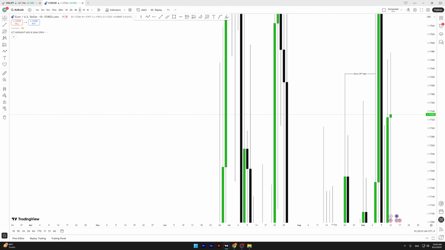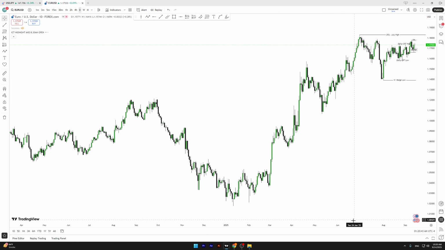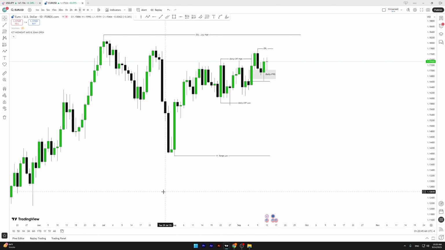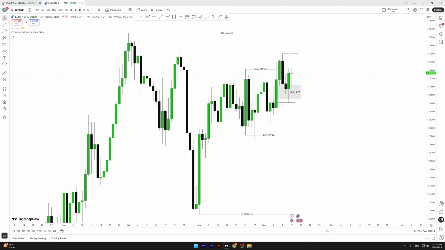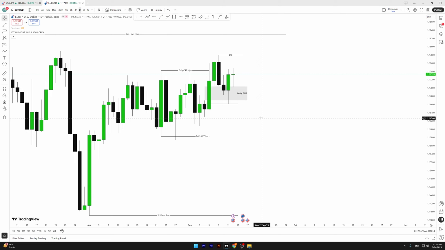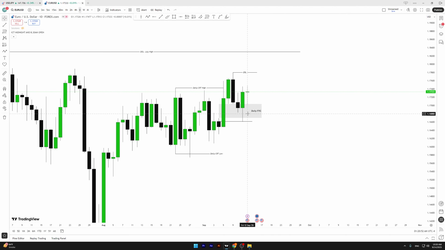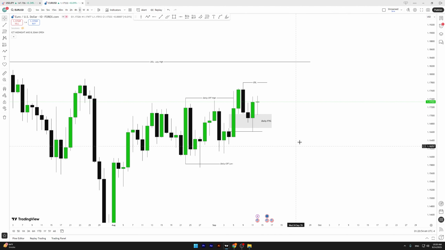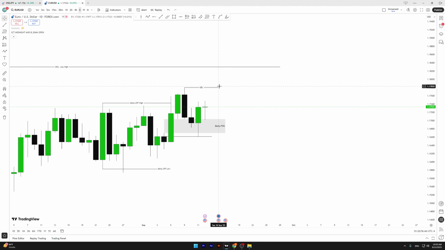So this was the daily time frame. Price respected the FEG and order block, and then automatically our target becomes ERL.